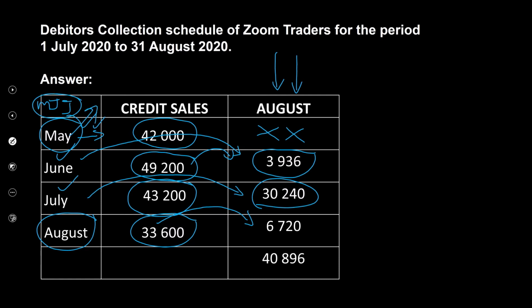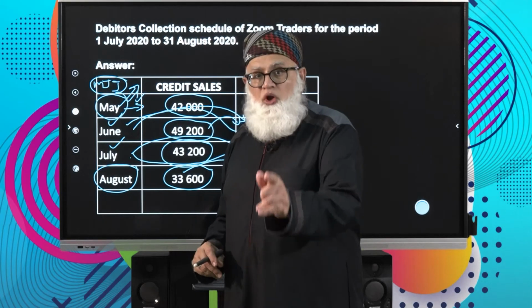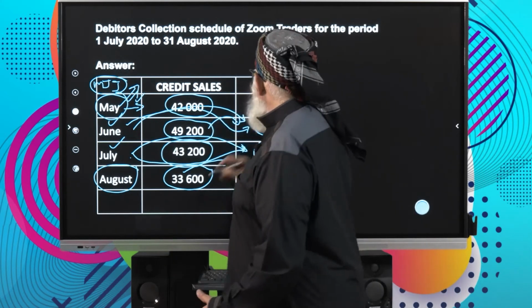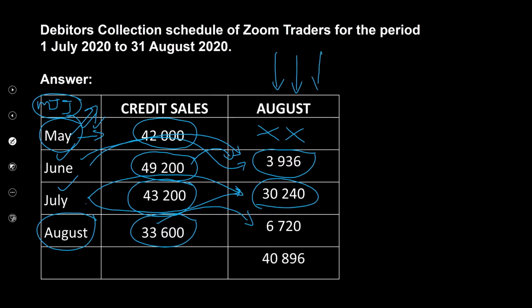June will pay us in June, in July, and a component will be paid in August. July will pay you in July, some part will pay you in August, and some part of your July component will also pay you in September. However, September is out of my budget period because my budget period is focused on the month of August.